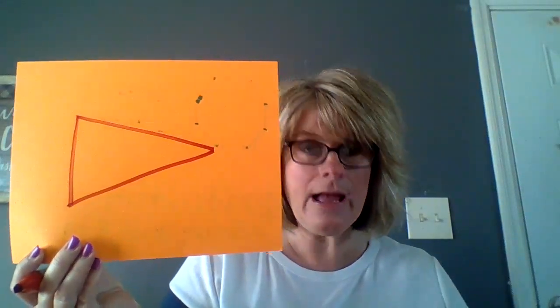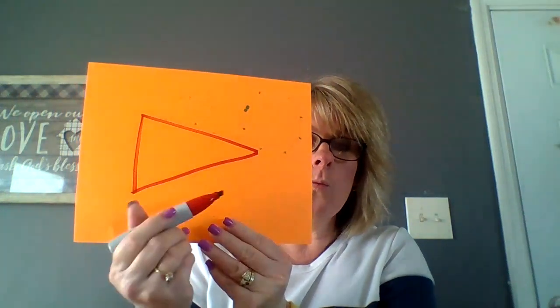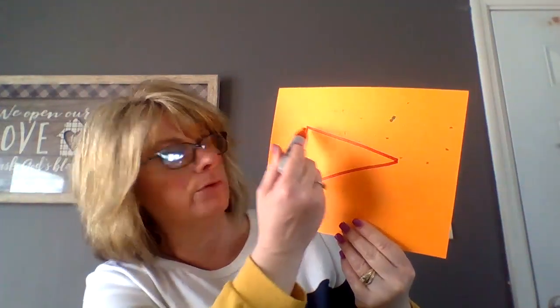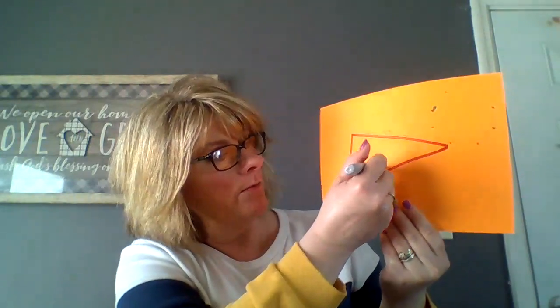And it's showing a street sign that looks like this. Now, first of all, they want to know how many sides does that have? Well, we can easily see 1, 2, 3. So let me show you again. 1, 2, 3. So it has 3 sides.